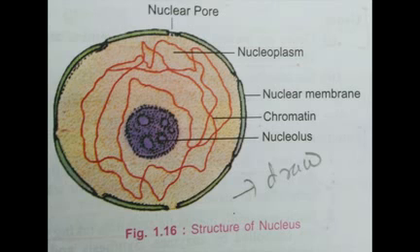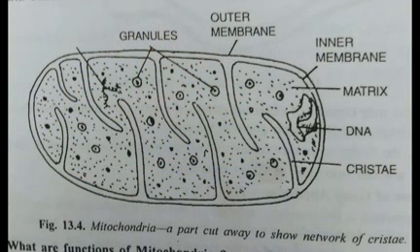But these cell organelles can be seen under an electron microscope only. The names of the cell organelles I already told earlier. The first cell organelle I'll explain here is mitochondria.